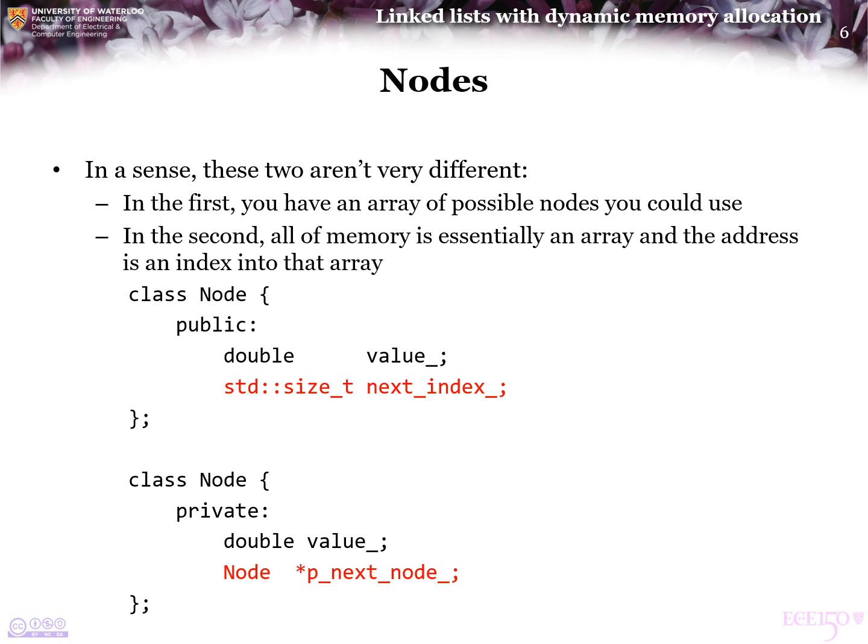So these two designs are not that different. The only difference really is that in the first case, in the last topic, we created all the nodes initially using a local array, whereas now the operating system will be giving us the memory for each additional new node.